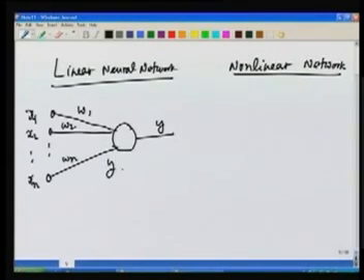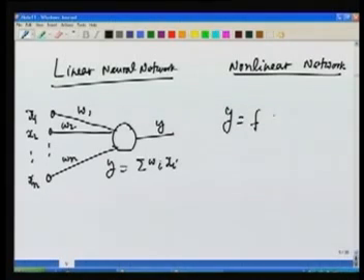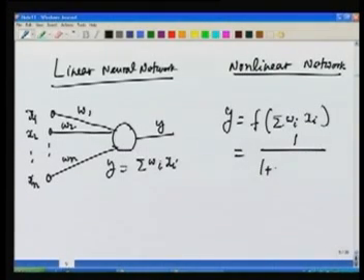So, in case of linear, this is y equal to sigma w i x i. In case of nonlinear, the same thing has a nonlinear activation function. So, y becomes f of the same thing, 1 upon 1 plus e to the power minus sigma w i x i. This is a nonlinear network.